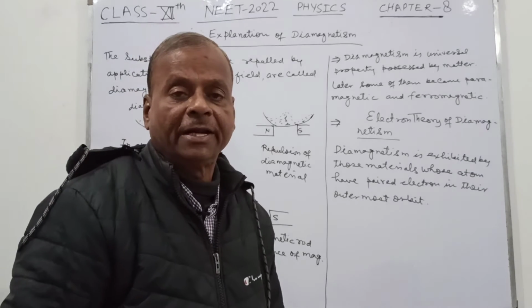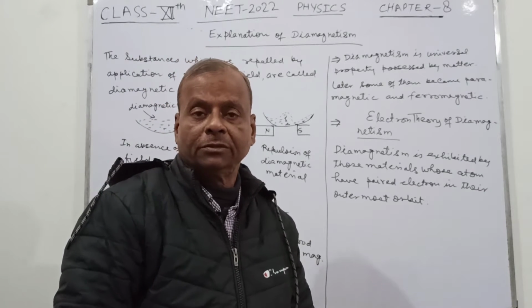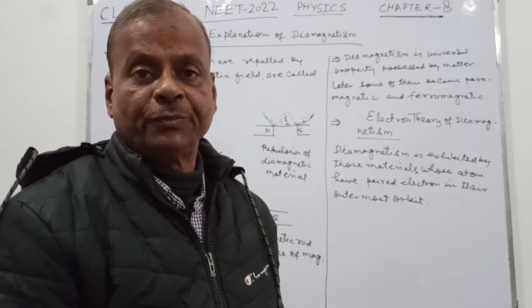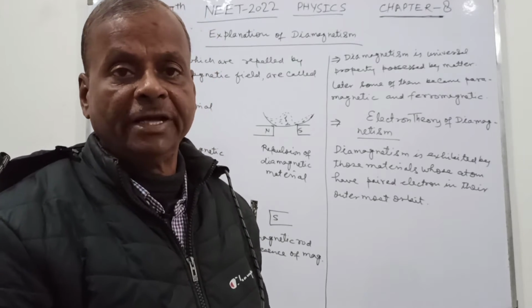When we have paired electrons, one electron moves, suppose, clockwise, and the second electron moves anti-clockwise.